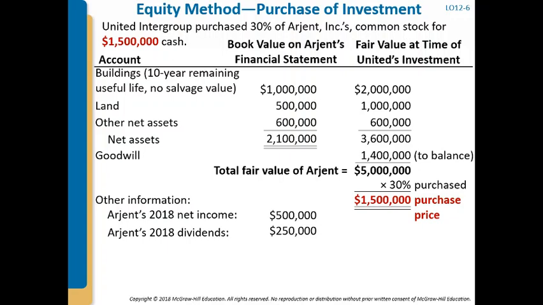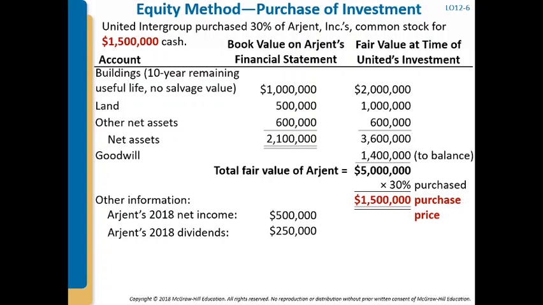And so the difference between the fair value of the net assets being $3.6 million and the $5 million is presumed to be goodwill. And so you take that total fair value of $5 million, and sure enough, multiply that times 30%, that's the $1.5 million purchase price.